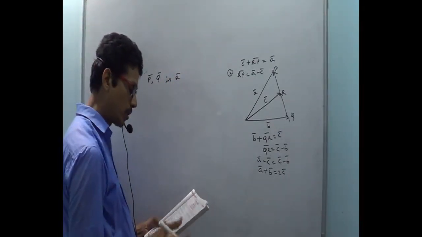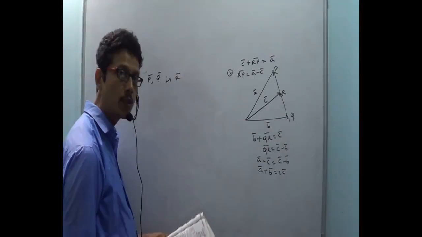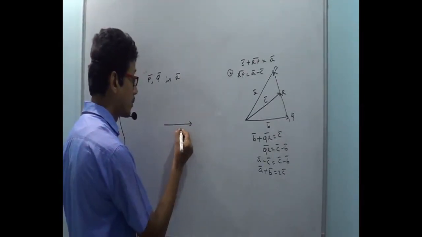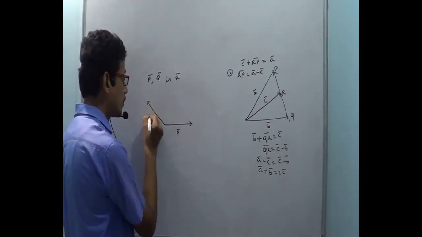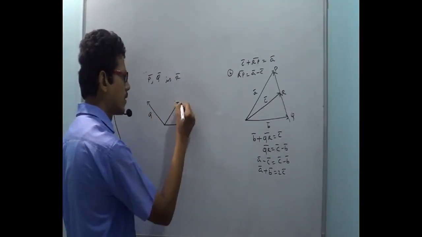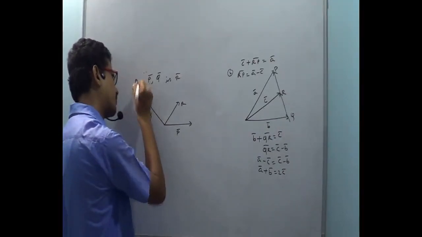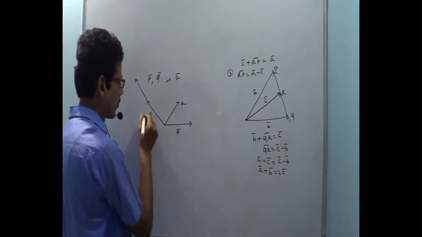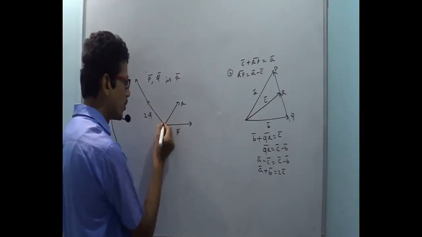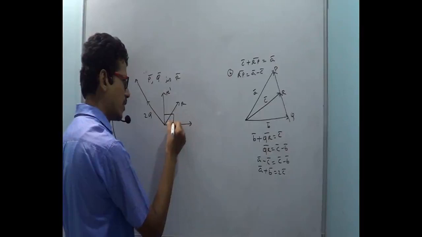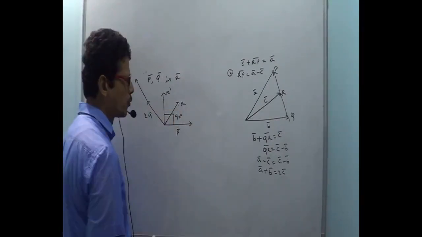And if Q is doubled, then the new resultant becomes perpendicular to P. Suppose I draw a vector P like this, P bar, and this is Q, and this is the resultant. Now this Q is doubled. Increase the length of the arrow. Now it is 2Q. Now the new resultant is perpendicular to P. Let the new resultant be R dash, that is perpendicular to P.